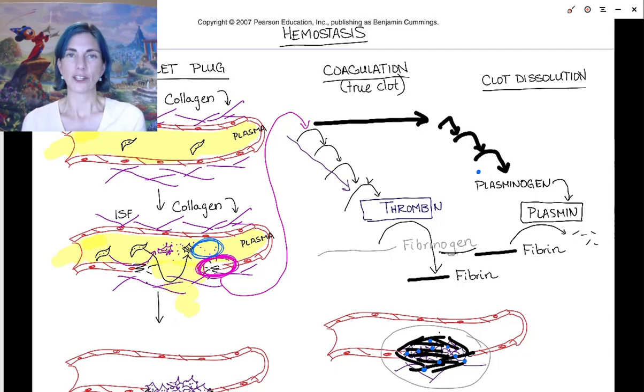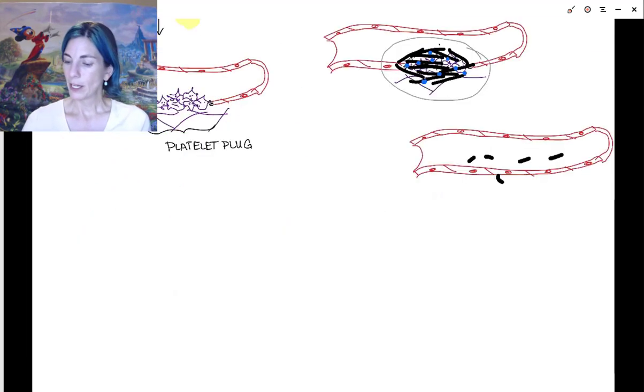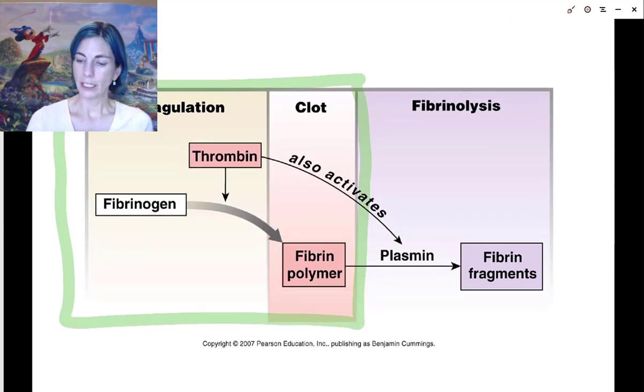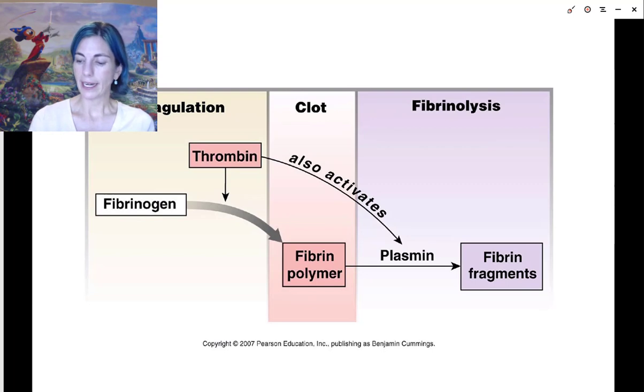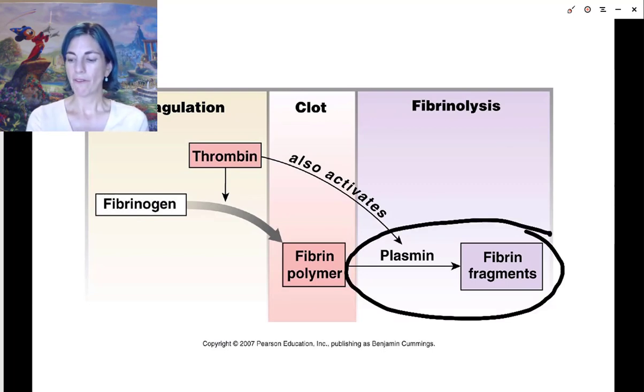So it's just kind of a natural response that will help you limit the blood loss. But again, the clot formation, platelet plug to coagulation, and then finally clot dissolution. Now coming back to that picture here, now we've added in the plasmin, breaking up fibrin fragments. I don't use this term, don't memorize it.